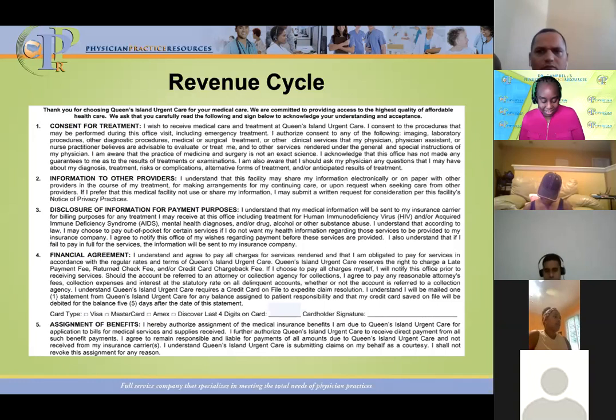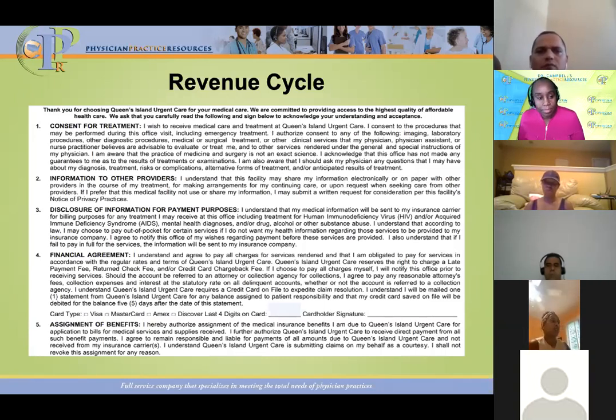Yeah, so we see a lot of patients with Medicare. One constant thing that happens when they come in is that their name is never the same on the insurance card and their ID. When we go to run insurance, it could be that the middle name is missing on the Medicare card, so it comes out as unknown, but then we look at the ID and they have a middle initial.